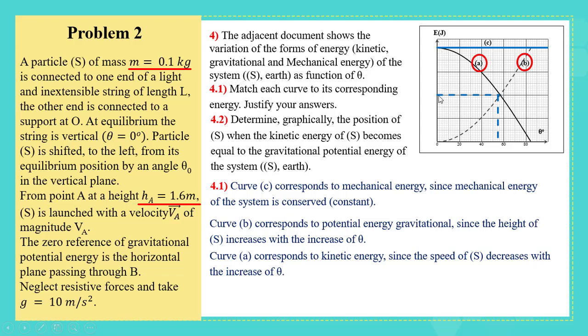Here is the point where the kinetic equals the potential, or even we can consider it as the intersection of the 2 curves. Try to find its coordinates as the energy and its theta. Graphically, we say that the kinetic energy equals potential energy at theta equals approximately 57 degrees.